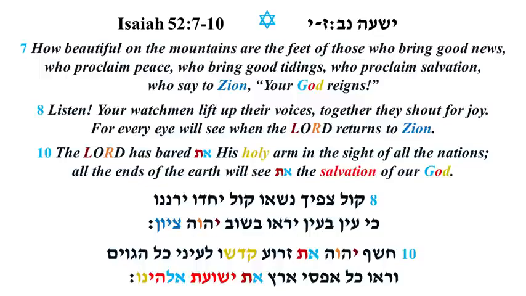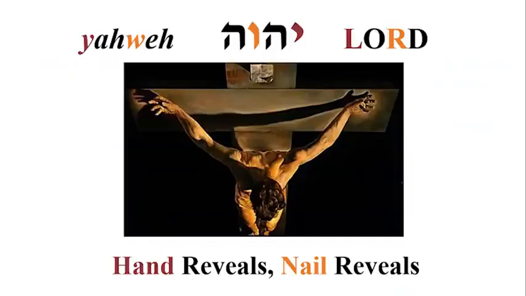Yud, He, Vav, He. Yud, hand, He, reveals. Vav, nail, He, reveals. The hand reveals, the nail reveals. Hint, hint. When is he going to return? And when was he there the first time? He was there the first time in the form of Yahshua HaMashiach. That's Yahweh.